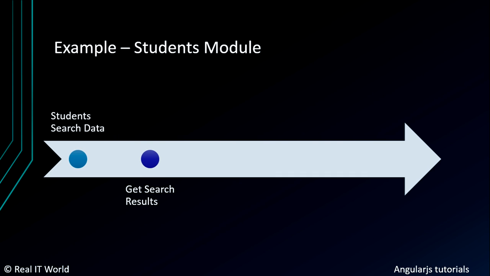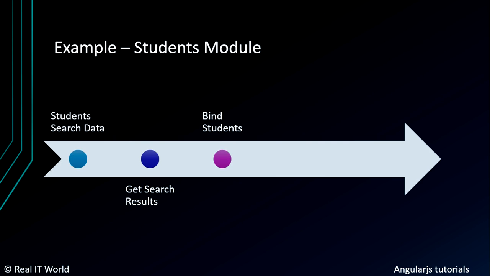Students search data means getting all the search filters: how you want to get students based on a class, a course, a region, a location, like that. So you need to get all the search filters, the search data, then get search results by passing those search filters.